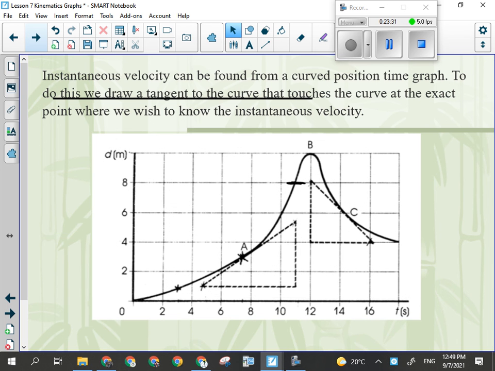When we get to here, it actually turns around and starts coming back the other way. The position is still increasing, but it's going slower and slower and slower. And then it does exactly the same thing, but in the opposite direction. Its velocity is getting higher and higher and higher until about here, and then it actually starts to get slower again.